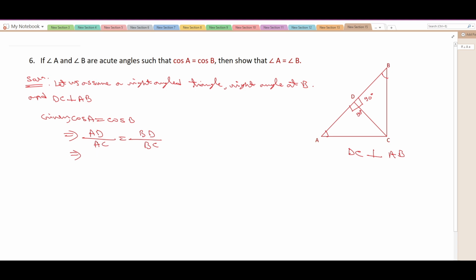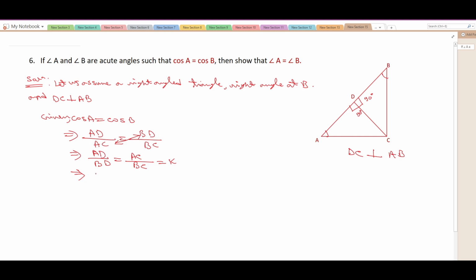Now interchanging these terms, we get AD by BD equals AC by BC. Let this be equal to K, where K is a positive number.